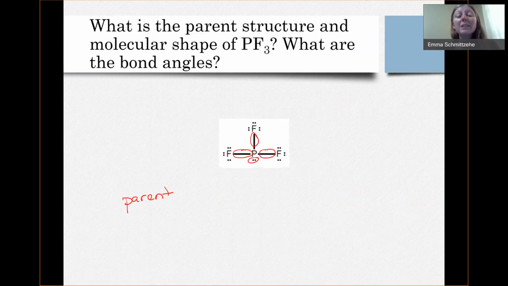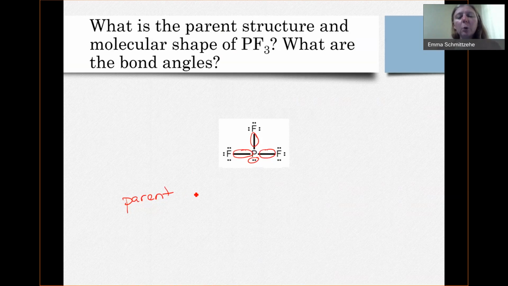So you're always focused on the central atom, and you count how many things are attached. If there's more than one central atom, you do this for each individual one. Each individual central atom has a parent structure, a molecular shape, and bond angles. Then if you want to know about all of it together, you have to put that information together, and that's a little trickier.